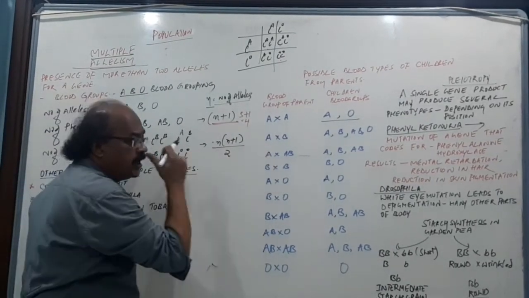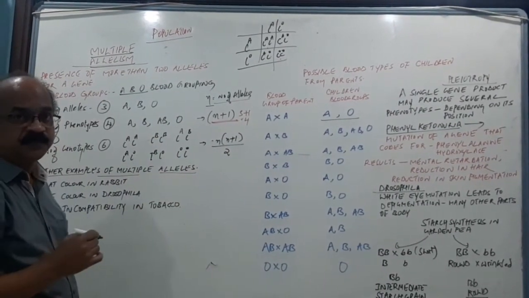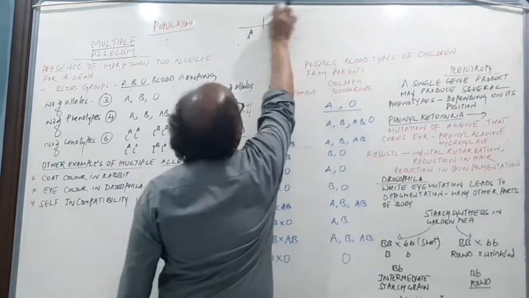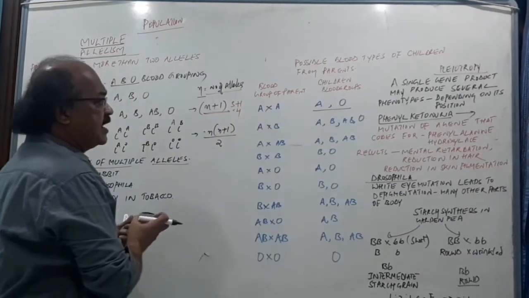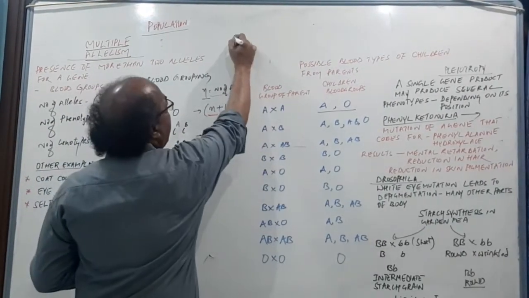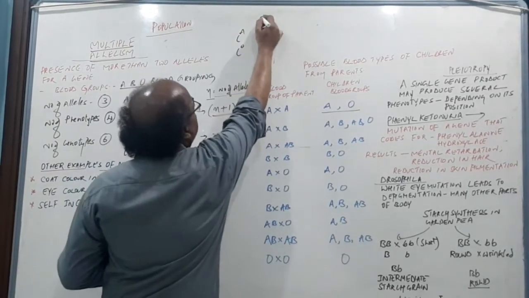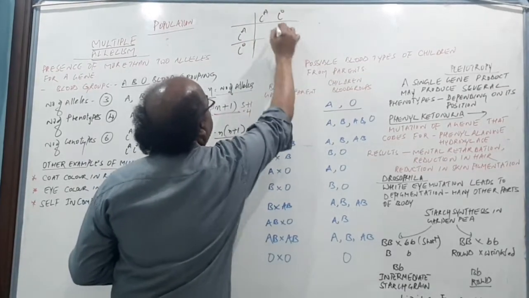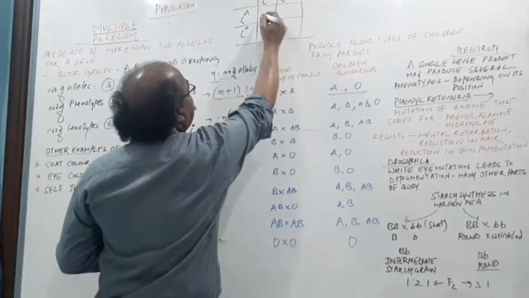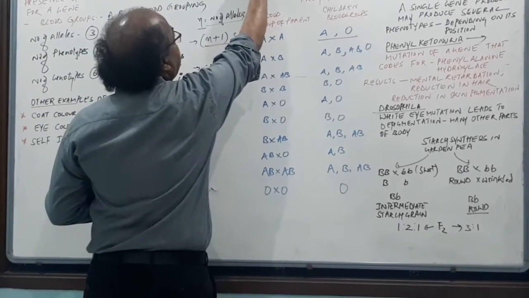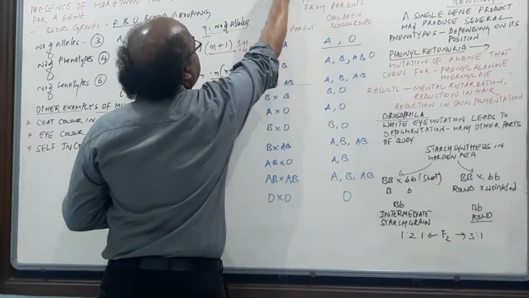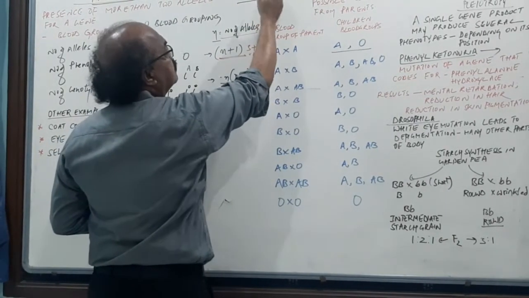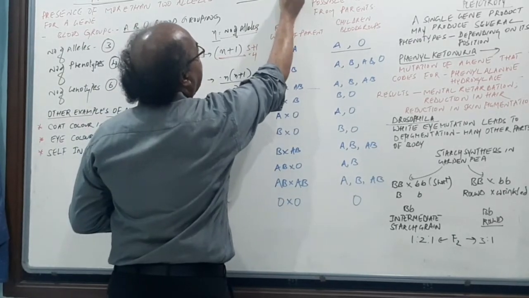One parent is having A blood group, the other parent is having B blood group. The second case I am doing. IO. Now, if you see A blood group, IO, A blood group, IO.